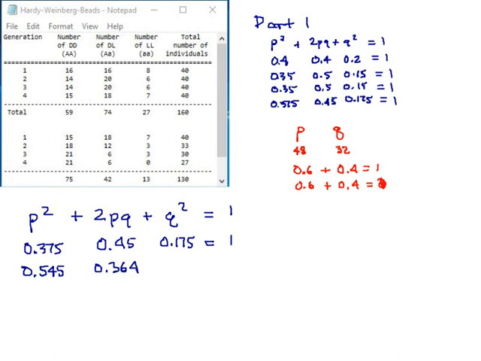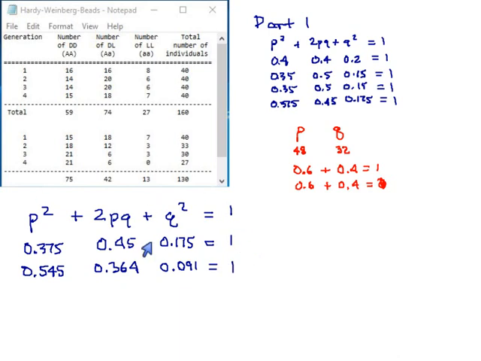And for our q squared, the recessives of generation 2, we get 3 out of 33, which is 0.0909009. If I do that to 3 decimal places, I get 0.091. Now, if we add those up, 0.545 plus 0.364 plus 0.091, it does come out exactly at 1.